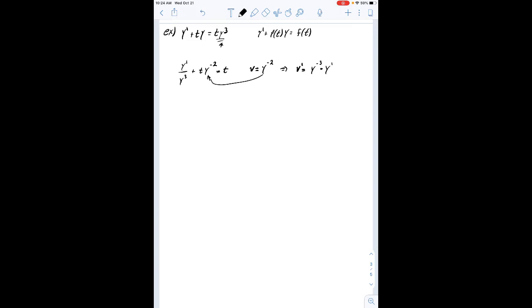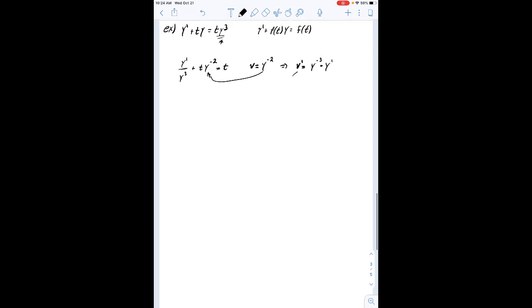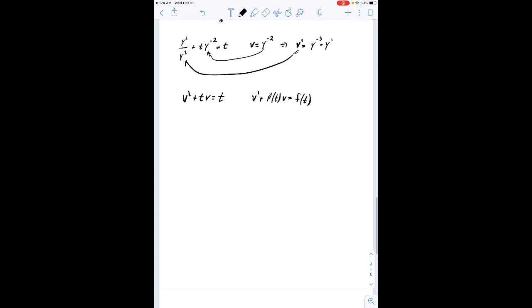Okay, so now that we have this, we can see that this v prime term is the same as right here, so that goes to v prime plus t v equals t. And now this is actually in the form that we want, which is v prime plus some p of t times v equals some other f of t. And now we can just apply our integrating factor method.